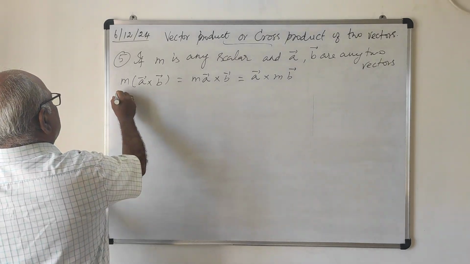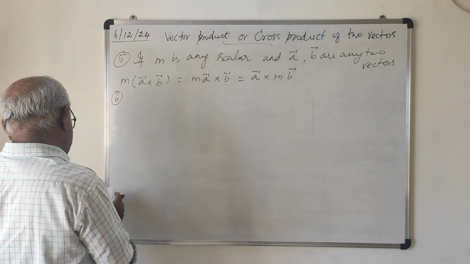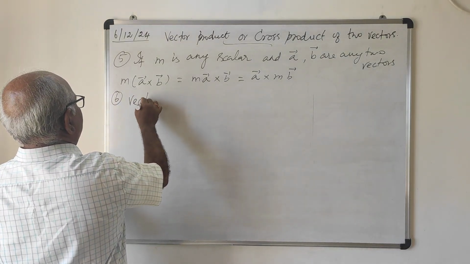Next property: vector product is distributive over addition.